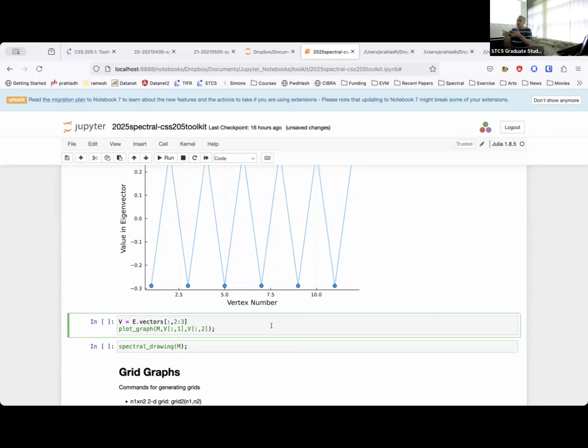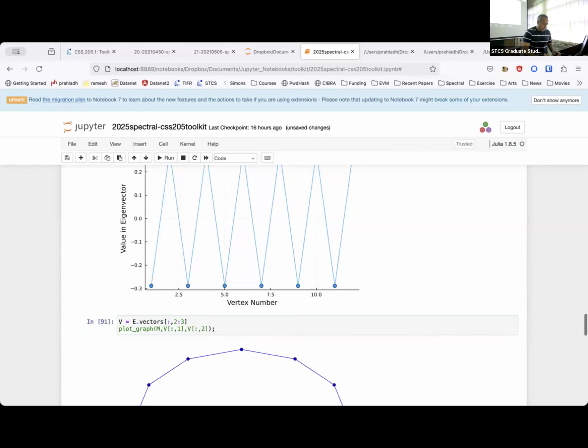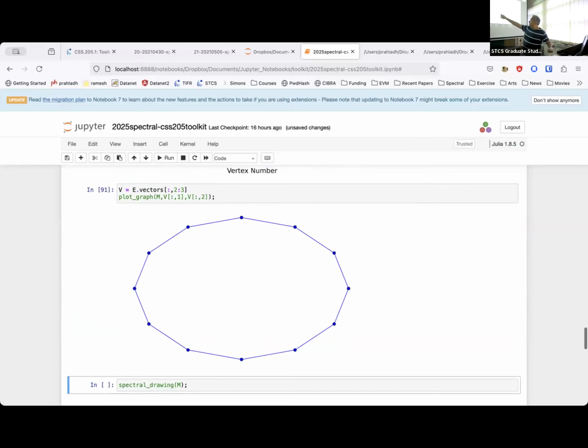Therefore, using the two eigenvectors, I get a pair of values for every vertex. Let's plot that pair on a plane. I can plot those, and then connect the vertices that share an edge. That's all I'm doing here. I had a ring and I plot it, and what I will get is exactly the ring.